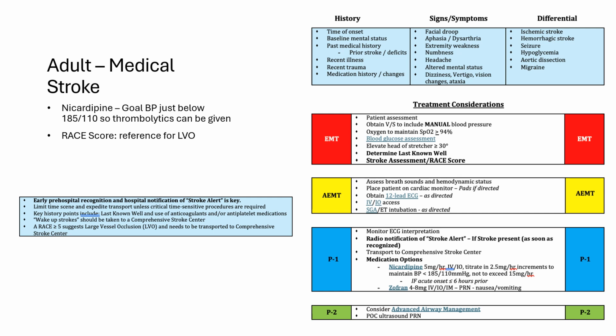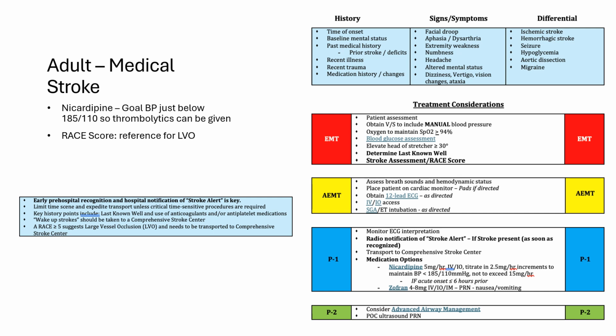Your goal for stroke is to get it just below 185 over 110. We do not want to drop them down to 120 over 80 because you will cause basically a hypoperfusion stroke on top of their stroke. It's just going to be bad. So you've got to watch the stroke very carefully. Now we say 5 milligrams per hour. That's what you start at. If you're finding you're dropping your patient's pressure too quickly at 5, go down to 2.5.